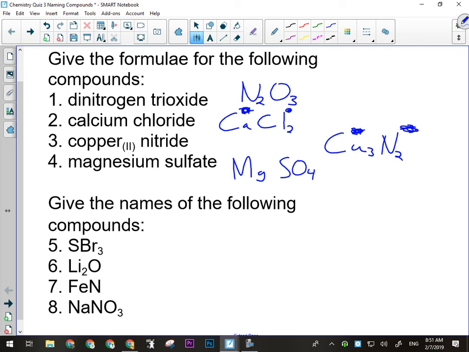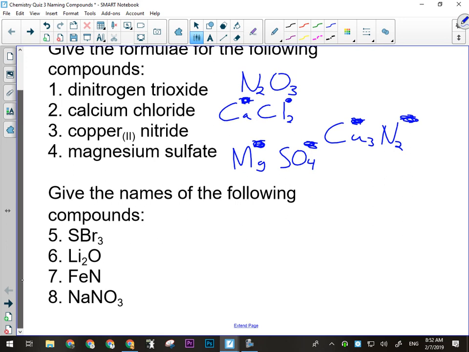Always know to look there instead. All right, so we've got 2+, this is -2. So when we drop and swap this, do we need to do anything? Nope, it's good the way it's written because those things already add up to 0. So MgSO4 is the correct answer for that one. Okay. Do I need brackets on that one? No, I didn't need to put any numbers outside of them.